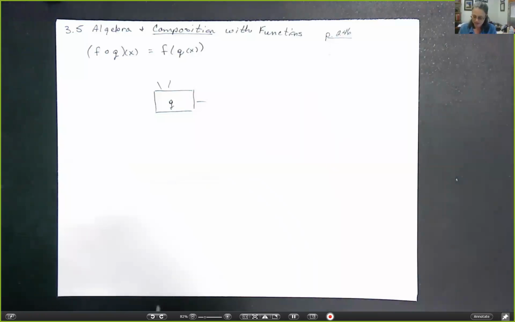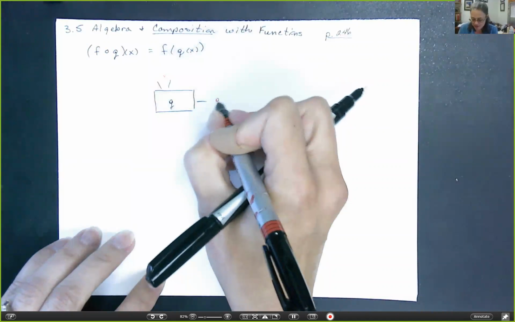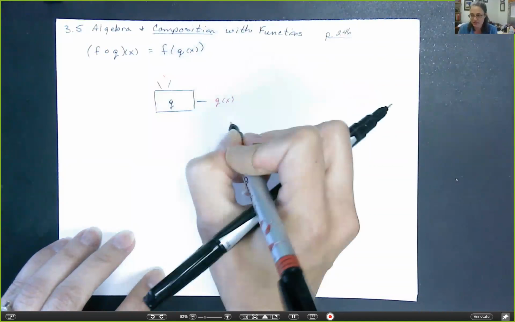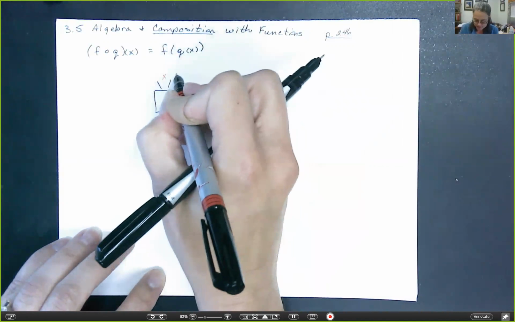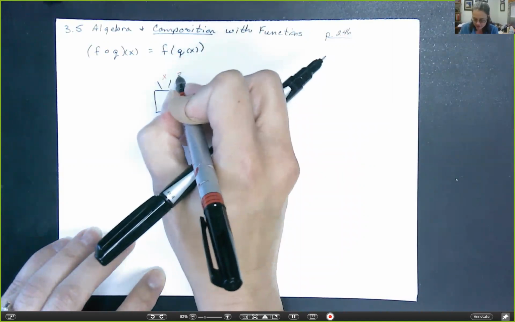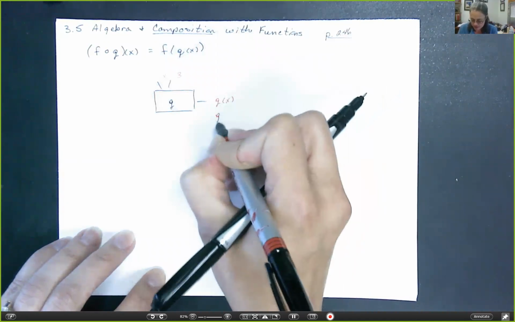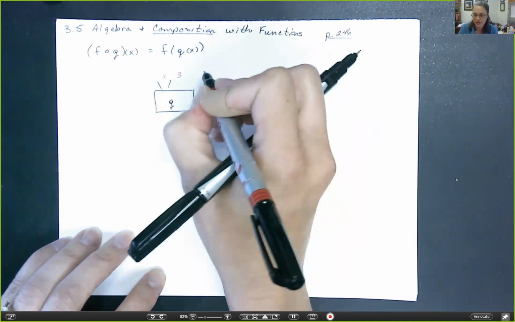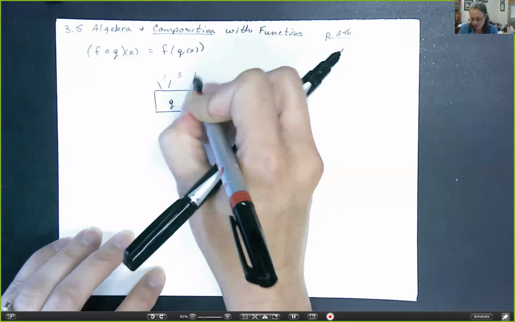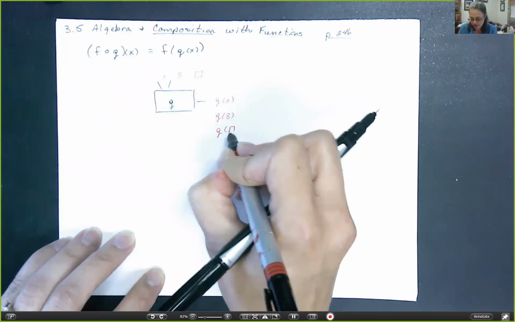Say I put in X, I get out G of X. If I put in 3, I get out G of 3. If I put in a box, I get out G of that box.